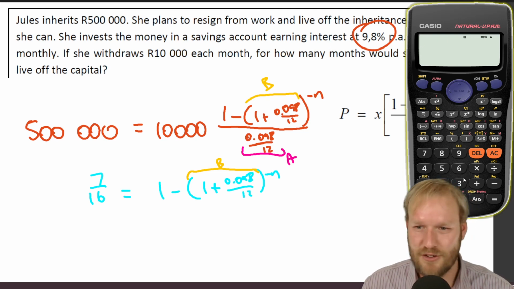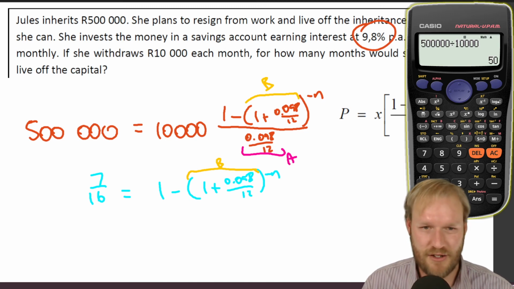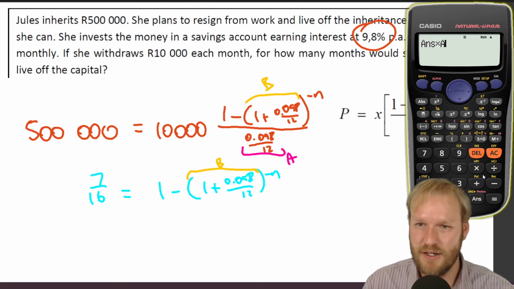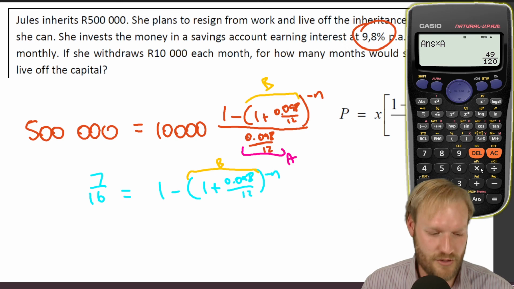So let's just figure this out quickly. We've got 0.098 over 12. Shift, store that in A. I wonder if you've spotted where I made my mistake. 500 divided by 10 equals 50. Then we need to multiply by our denominator, times alpha A. Cool, 49 over 120.